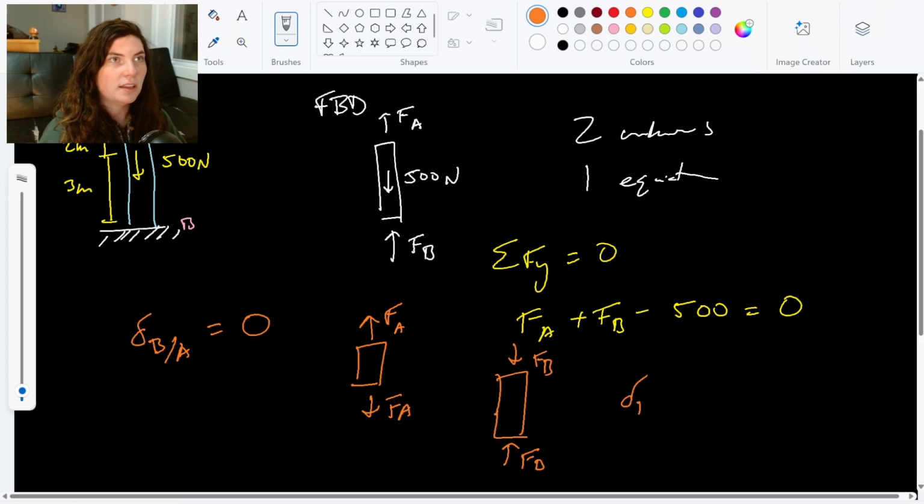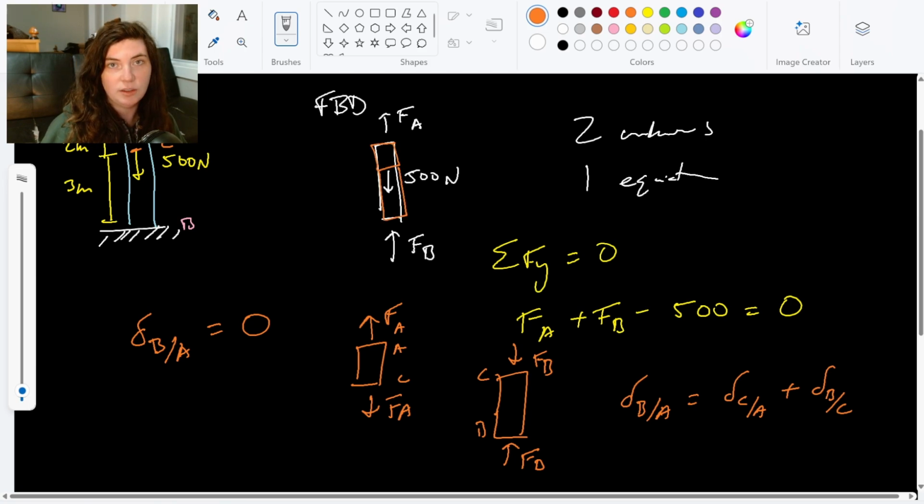So we know that delta B with respect to A is going to be, let's call this point C, the same as delta C with respect to A, plus delta B with respect to C. So the displacement of each of these two segments here, if we add those together, will be the same as the overall displacement. So this equals 0.